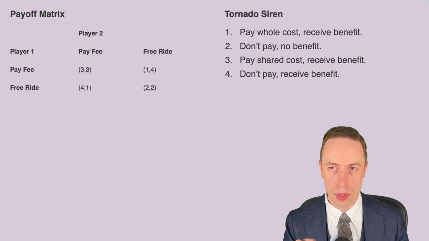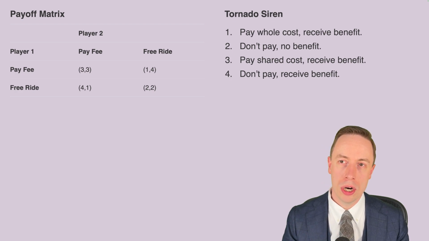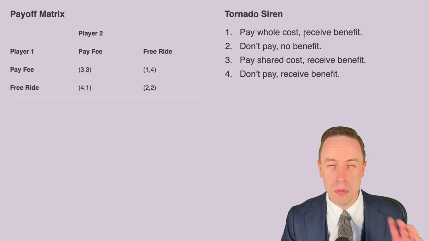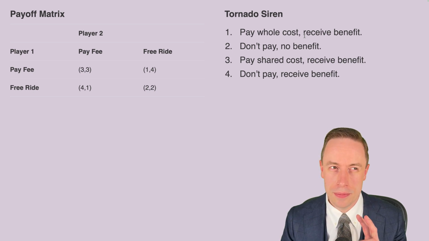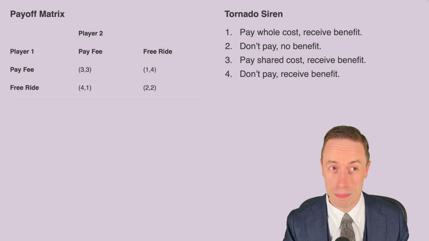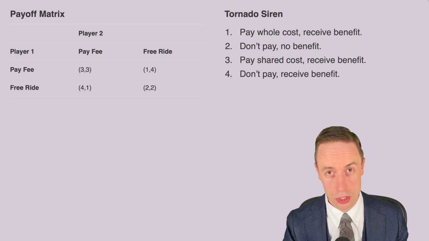Let's go through them. Worst possible outcome for our players. What if you pay for a tornado siren, but nobody else pays for the tornado siren? It's all on you. Now, with our little bit of game theory we're doing here, we're doing 2-player games. So you might be thinking to yourself, okay, well, it's not going to raise costs that much, whether it's one person paying for it or 2, that's just double the cost.